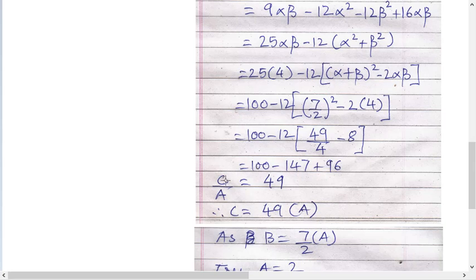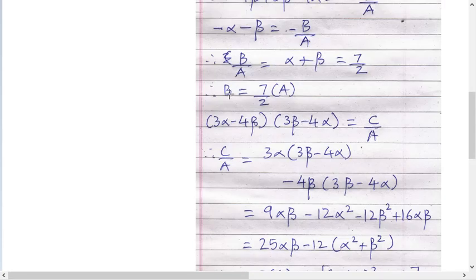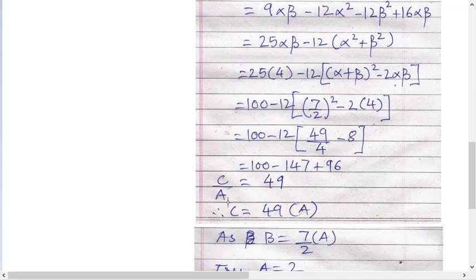Solve this. You will get C upon A equals 49. Therefore C equals 49A. Now what have you got? C equals 49A and above, B equals 7A upon 2. So both B and C you have got in terms of A.